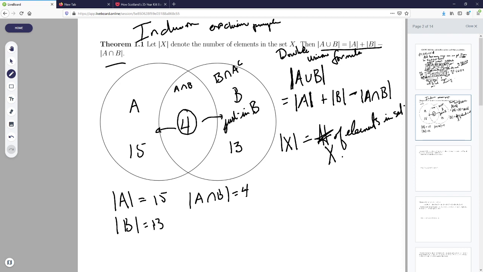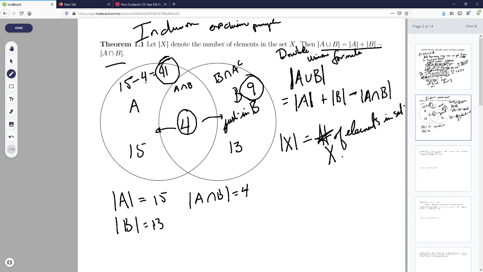There are 13 things in B, but there are 13 minus 4 unique things, so 9 things that are in B but not in A. Similarly, there are 15 minus 4 things that are in A but not in B. So this is the number of unique things, this is the number of unique things, and 4 is the number of things uniquely in A intersection B.